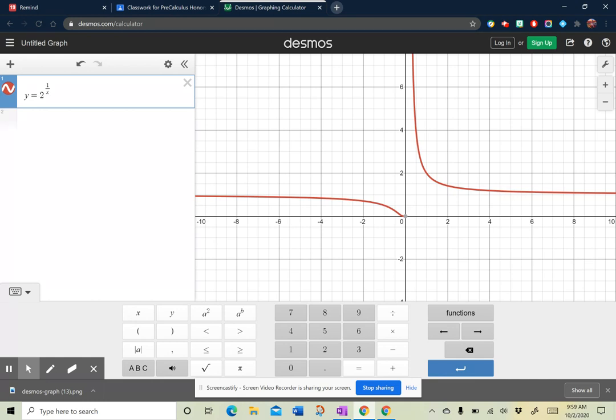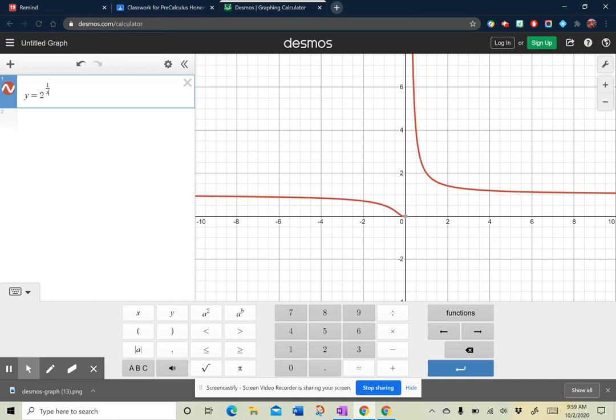Okay, now you can see why I chose to use Desmos for this. Okay, so there are some very interesting things going on with this graph. First of all, it is literally a composition between a rational function and an exponential function. So you will notice that we do have a bit of a domain change here.